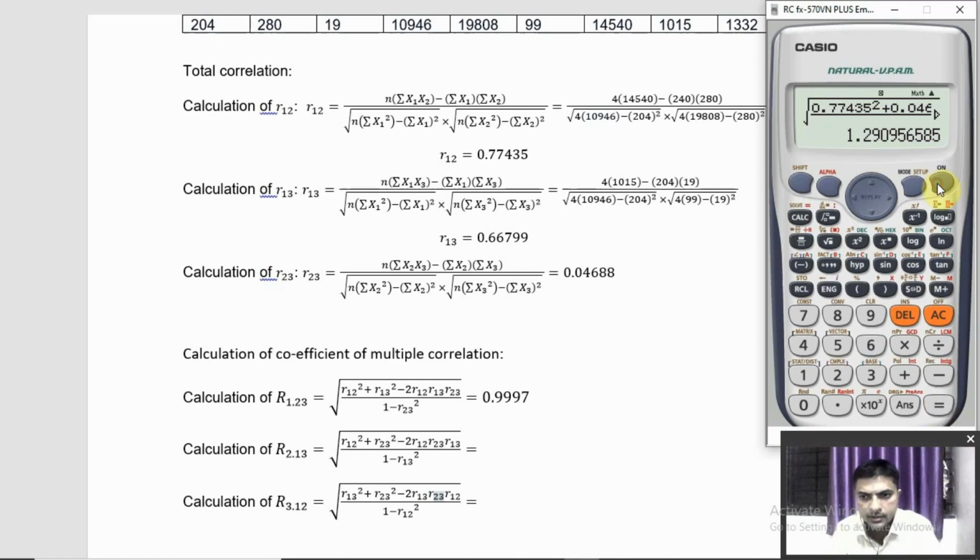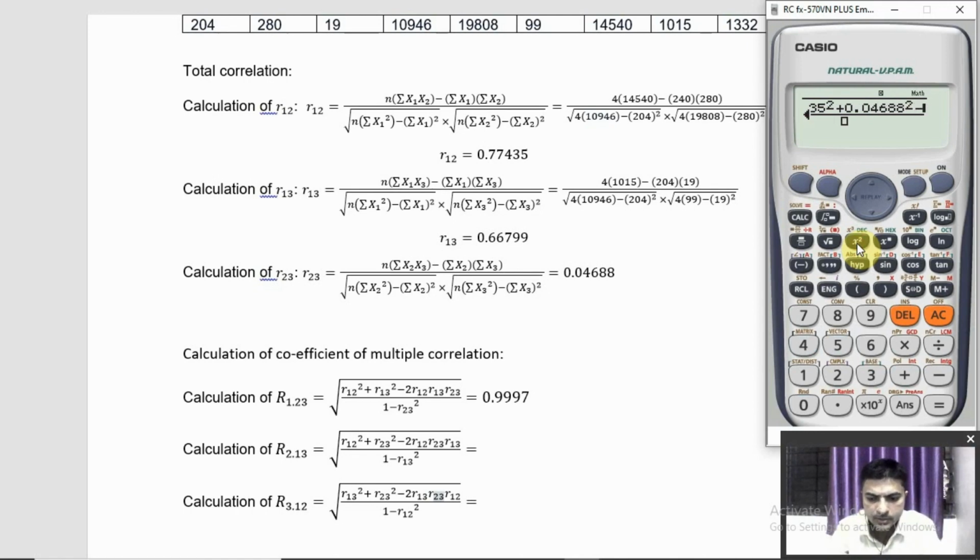Okay, let us try this once again. So R12 square, 0.77435 square, then plus R23 square, 0.04688 square.